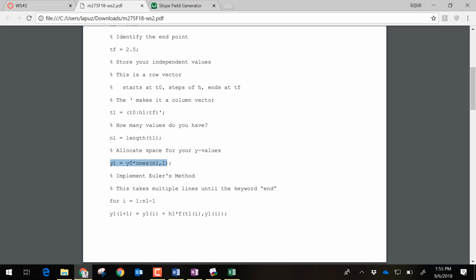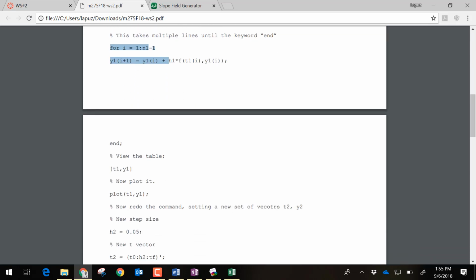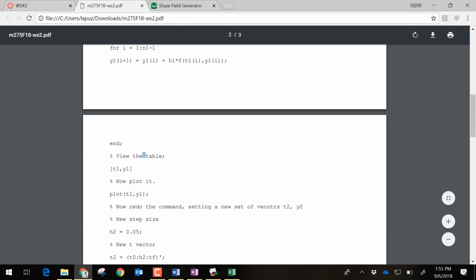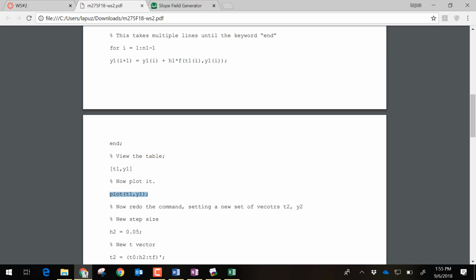From there you're going to do an iterative for loop process, essentially what we did in Excel when we did click and drag. And not only that, you can't do this in Excel, but you're going to actually plot your graph, okay?